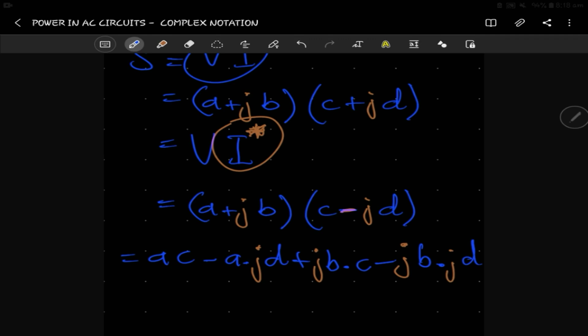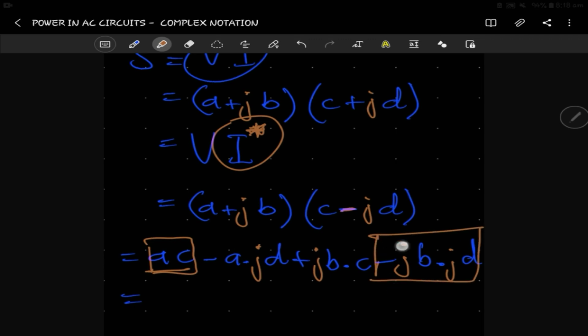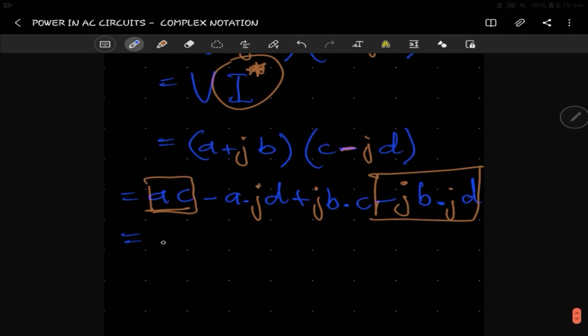We've expanded. Now we are simplifying. So let's see the real parts that we have. You know clearly that the ones that will be just real parts are this, and the ones that have JJ, this and this. So we have AC, and when we multiply these two, we get a negative. There's a negative there already.